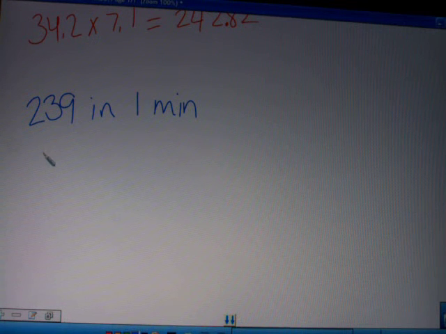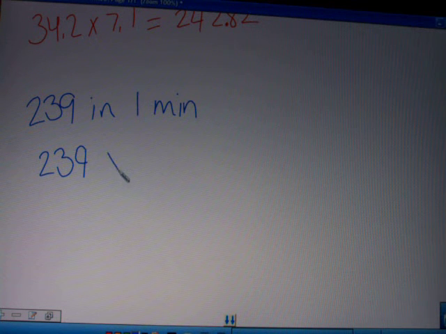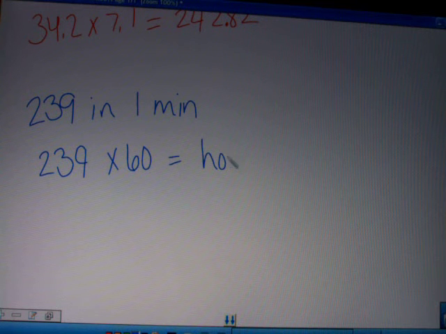Here's where they expect you to know some things. First of all, they expect you to know that there are 60 minutes in an hour. So if you take 239 times 60, that will tell you the number of touches in an hour.